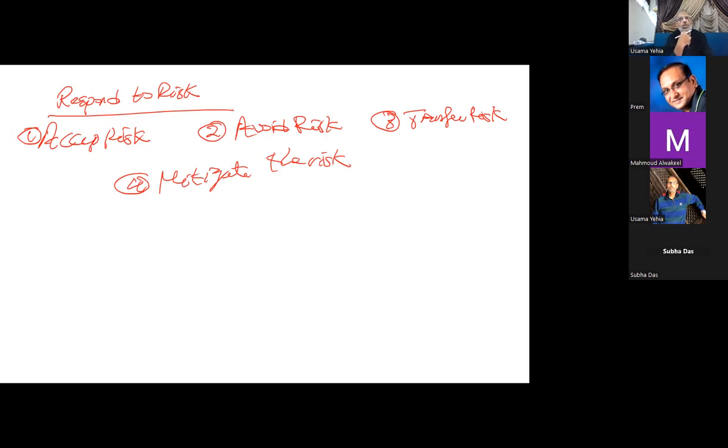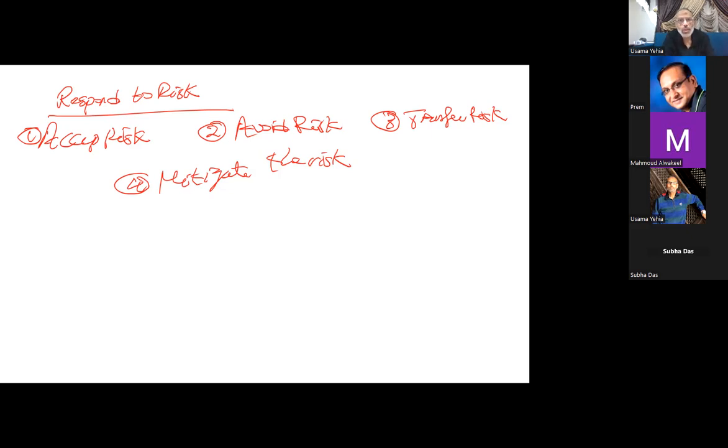You will try to minimize the risk level. How can we minimize the risk level? We can minimize the risk level by using security controls to minimize the risk impact, or to minimize the risk likelihood. This is the way for mitigating the risk.